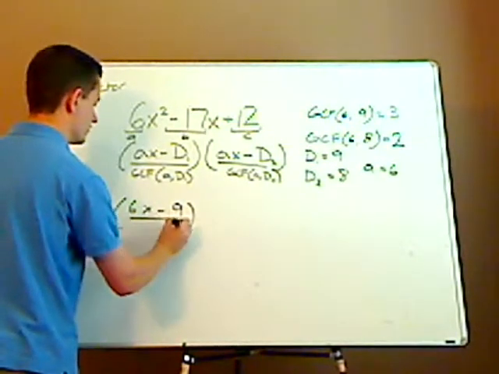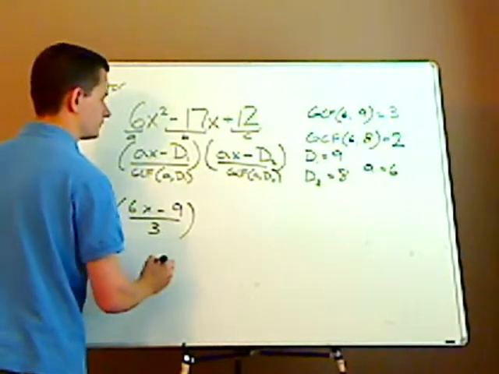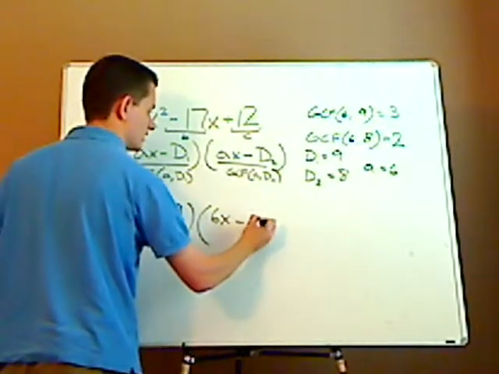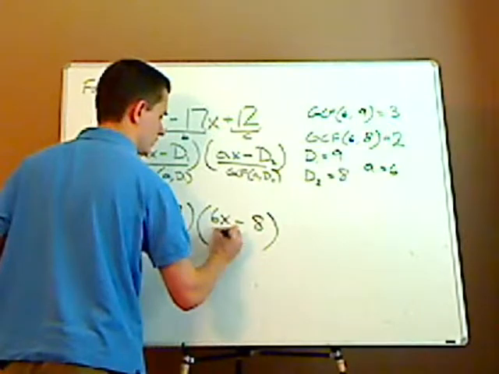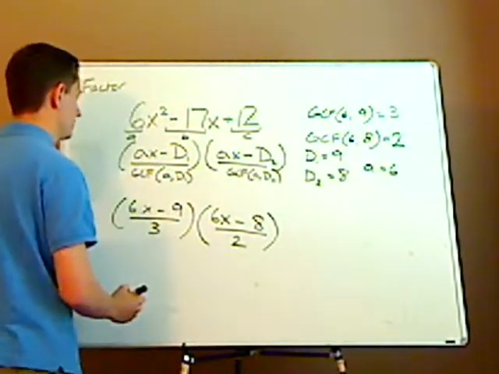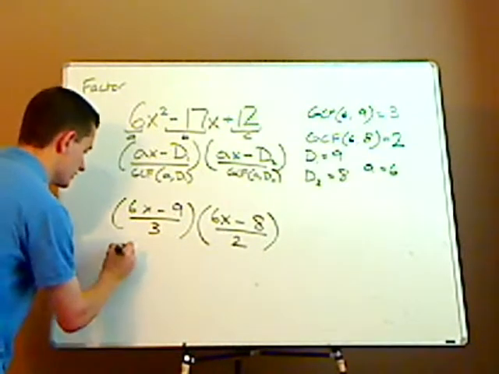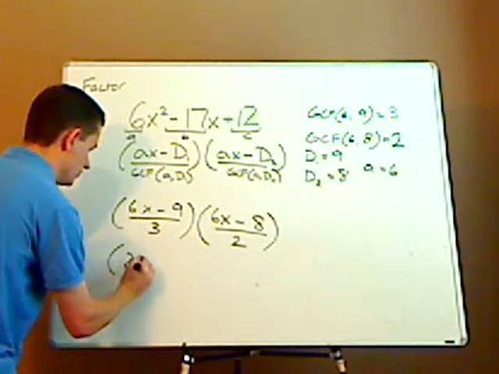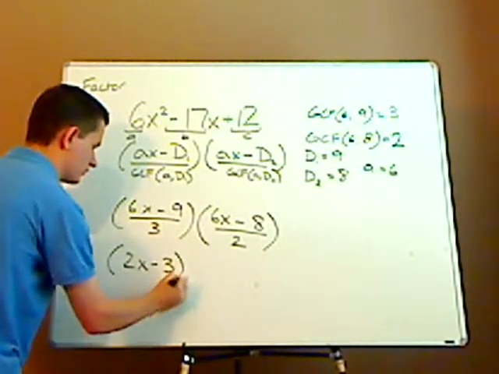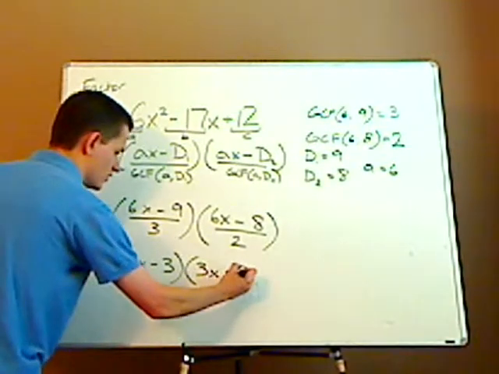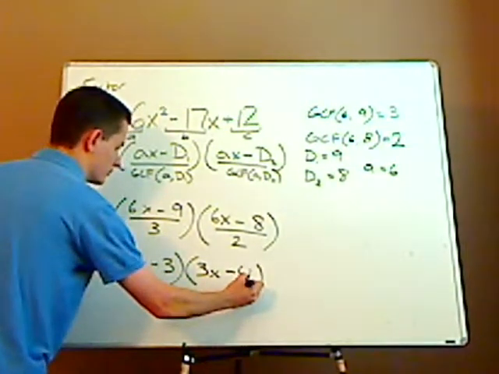The GCF of those is 3. Then you have 6x minus 8, and the GCF of those is 2. So you simplify this. This is (2x minus 3), and this is (3x minus 4).